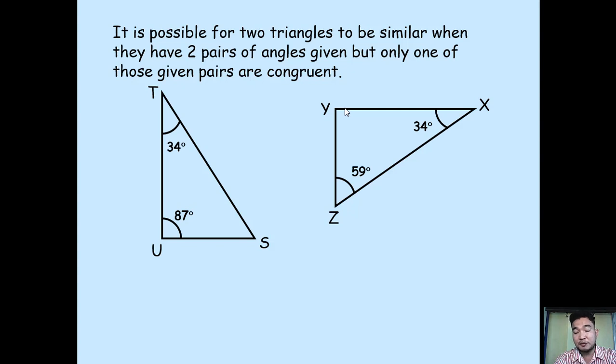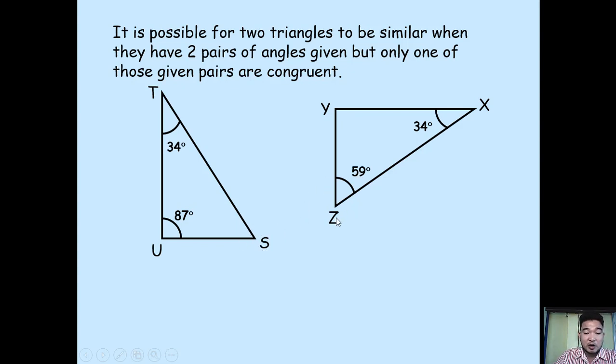if we solve the measurement of the unknown angle, angle S, we subtract 34 and 87 from 180. So 180 minus 34 minus 87 is 59. So we will know that angle S is equal to 59.